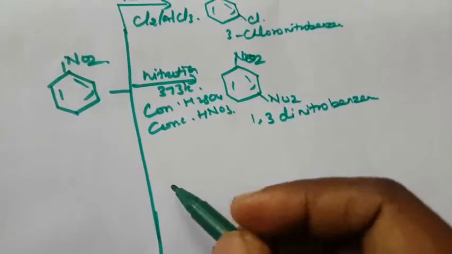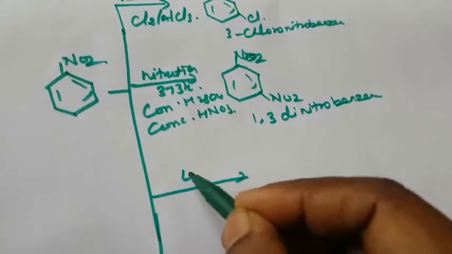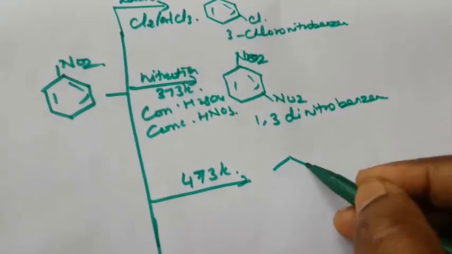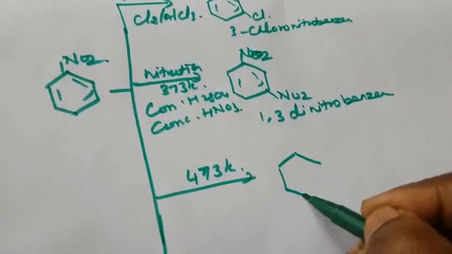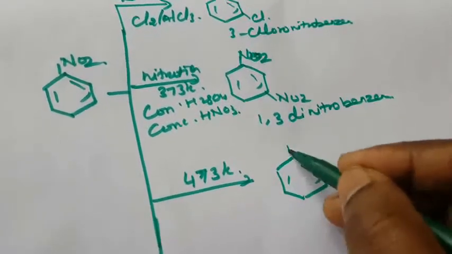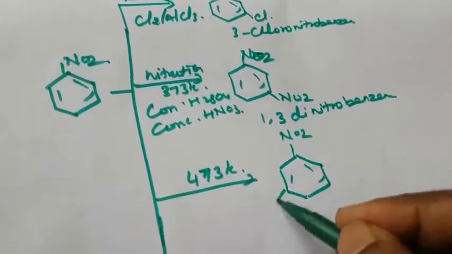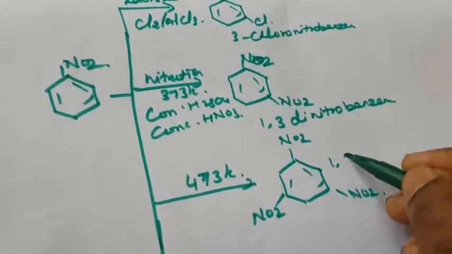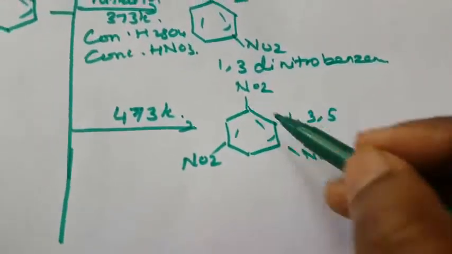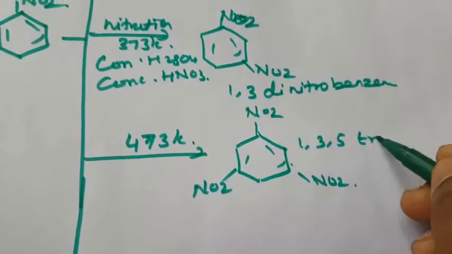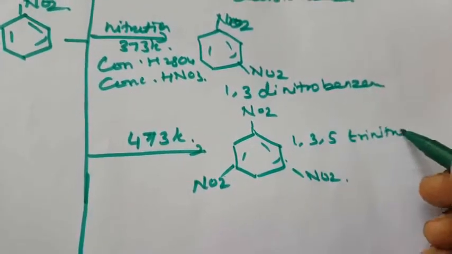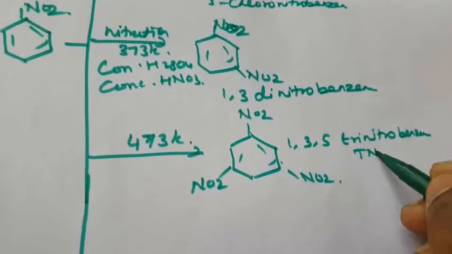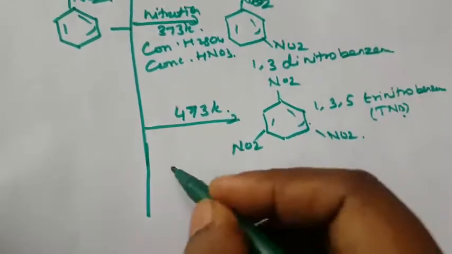Again nitration at 473 Kelvin forms 1,3,5-trinitrobenzene, with NO2 at three positions. Trinitrobenzene, TNB.